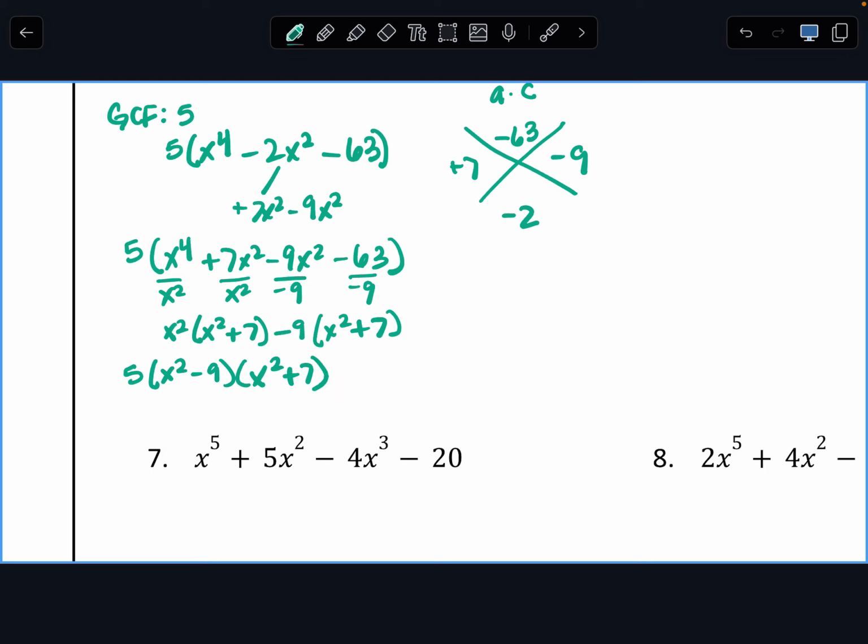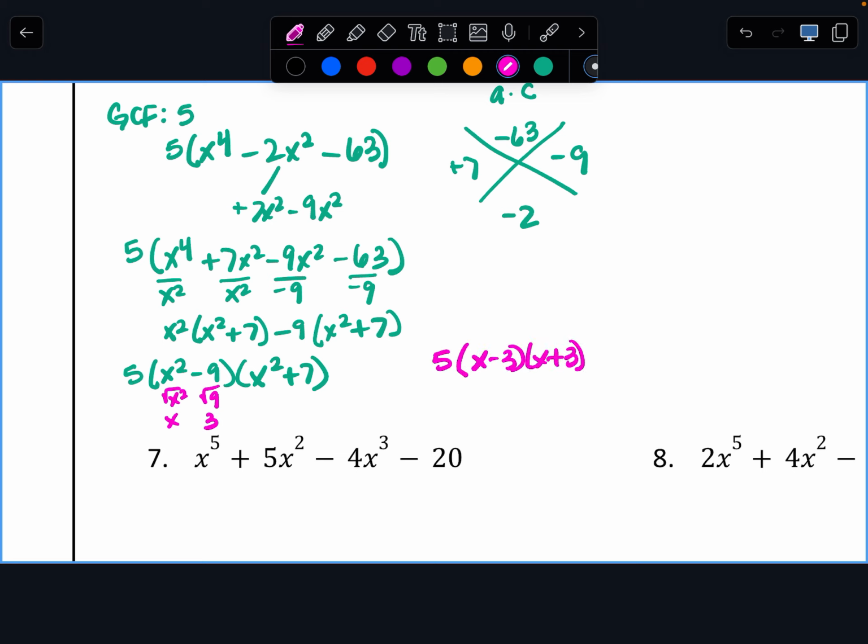Now what? This is a perfect square. So that when I'm finished, I have 5 times x minus 3, x plus 3, x squared plus 7.